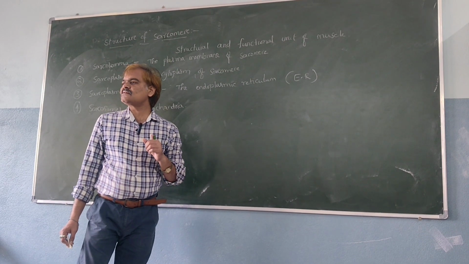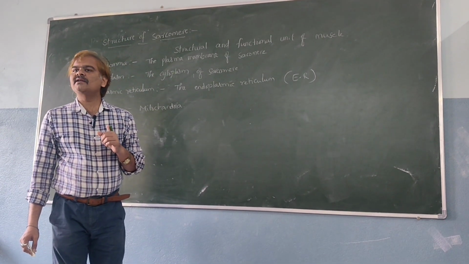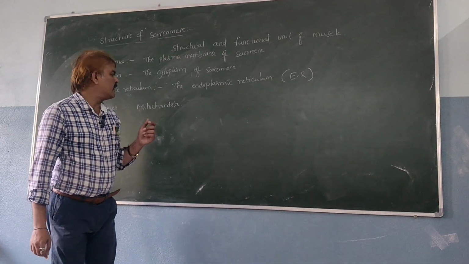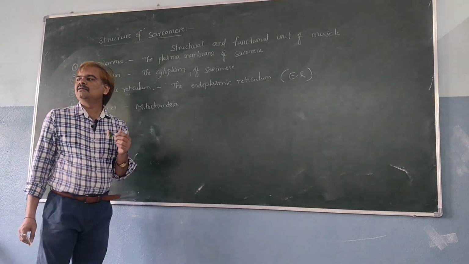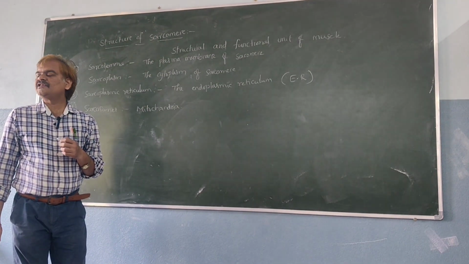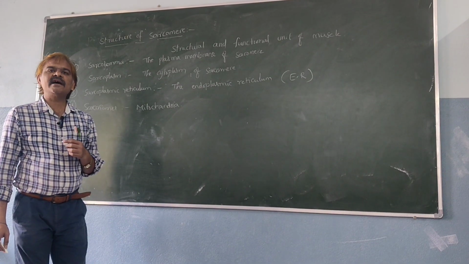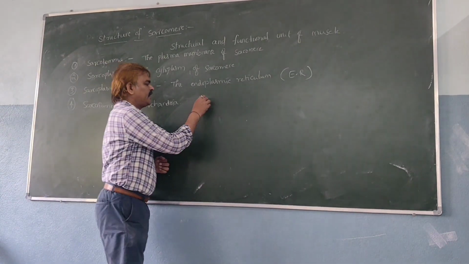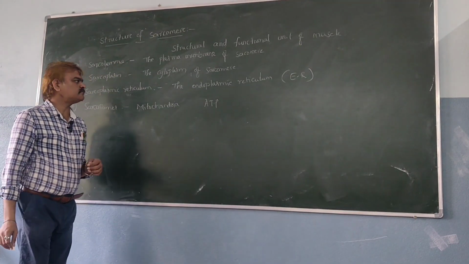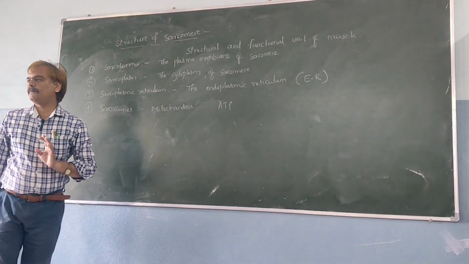Why? Because the roughness is due to the presence of ribosomes. Where the ribosomes are present, there the protein synthesis will be. Mitochondria is also called the powerhouse of the cell, which means it is helpful for the production of energy. Always the energy is in the form of ATP, adenosine triphosphate. So these are some of the terminologies that you have to remember.